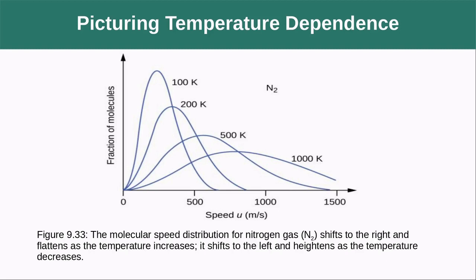We can see as the temperature increases, we get more and more molecules that are moving quite rapidly out here, and the whole thing starts to flatten out, and we get just a wider distribution in general. Whereas when it's a little bit colder, you see that there is a nicer, tighter distribution of RMS speeds.